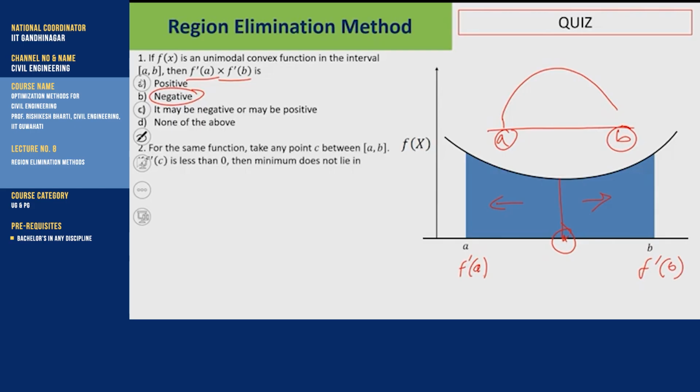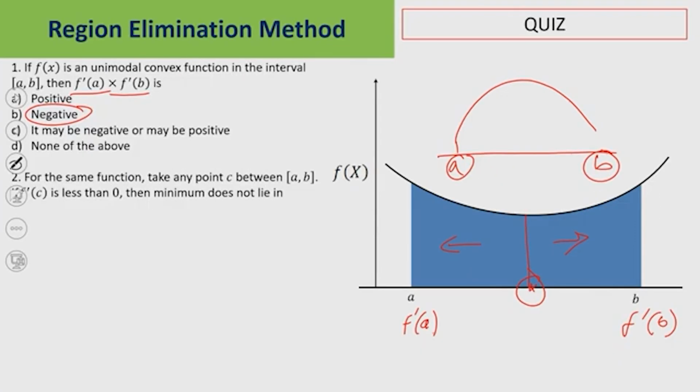The second question is, for the same function, take any point C between A and B, and the derivative at C is less than 0. So, somewhere here I am taking a point C and the derivative at C is less than 0.